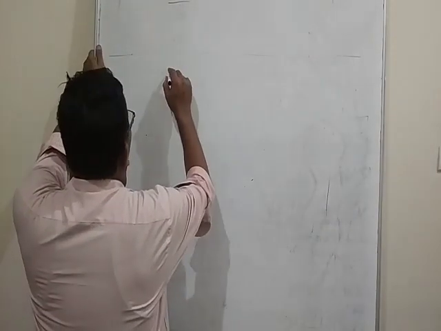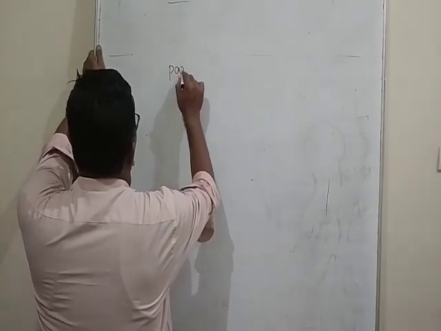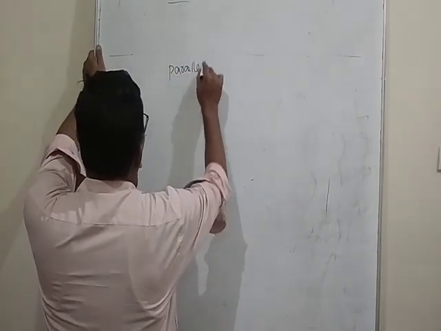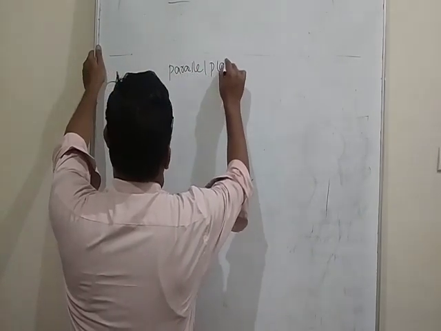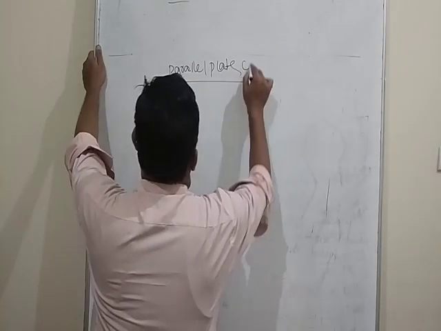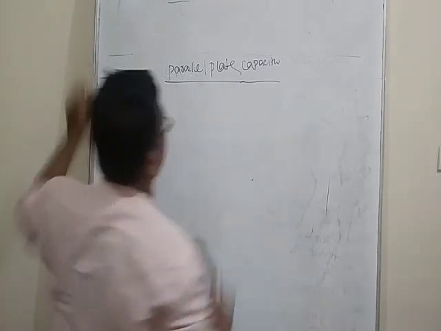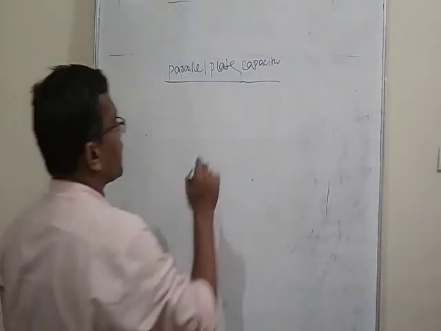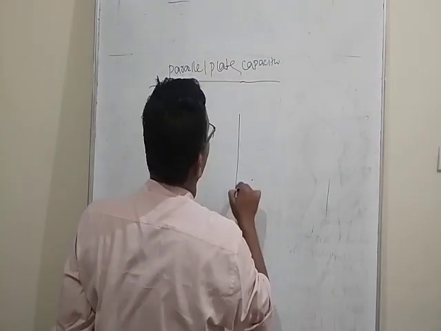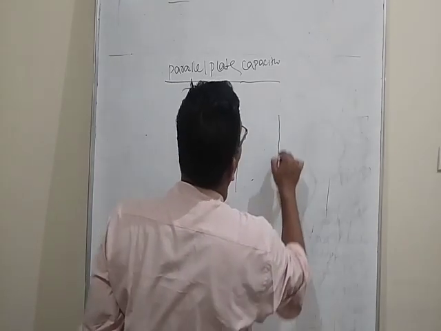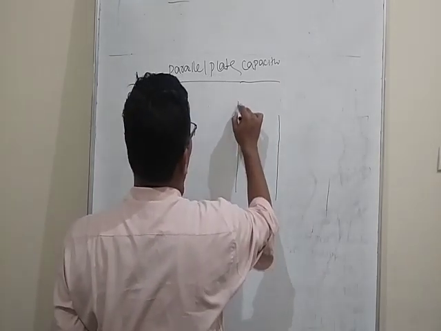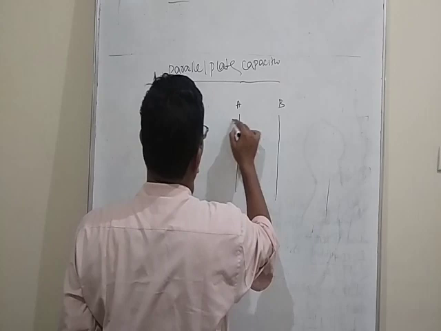Now come to the parallel plate capacitor. The capacitor consists of two plates, A and B, which are held parallel to each other.